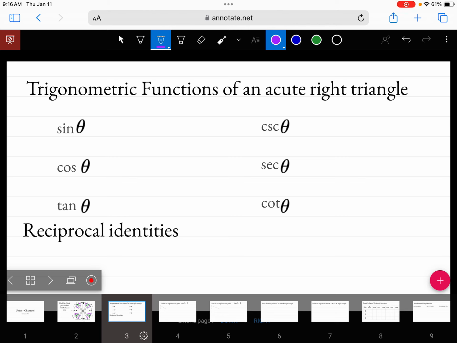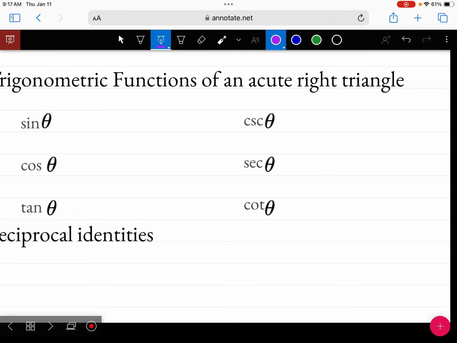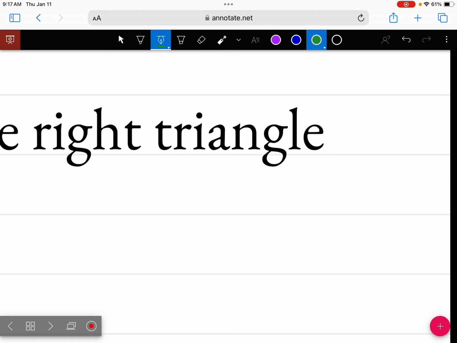So this is when we're thinking about a triangle. It's always about a right triangle. So I'm going to give us a little sketchy triangle up here. We're always thinking about a right triangle, and the angle that we're talking about is any of the ones that's not the right angle.